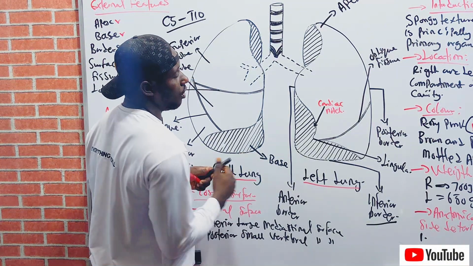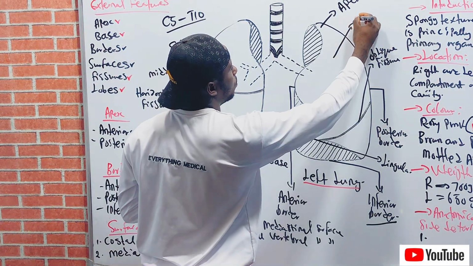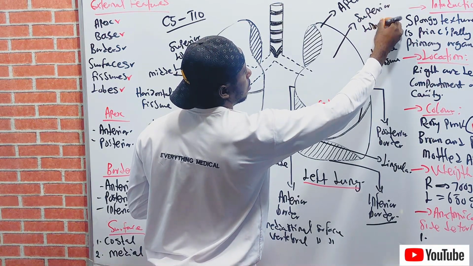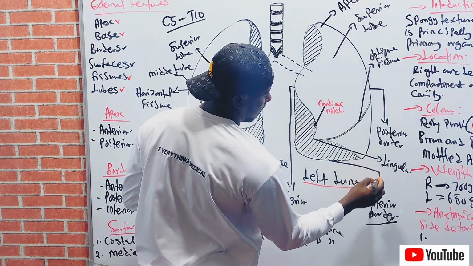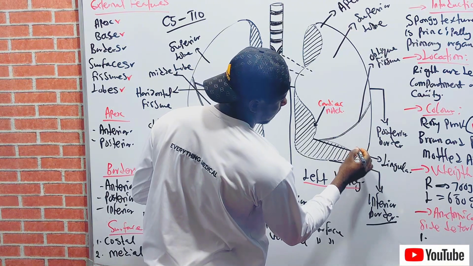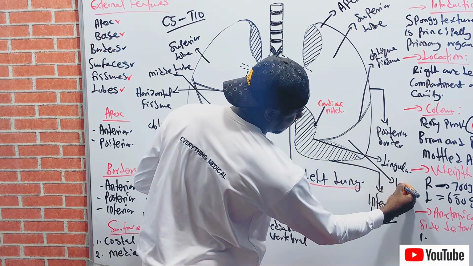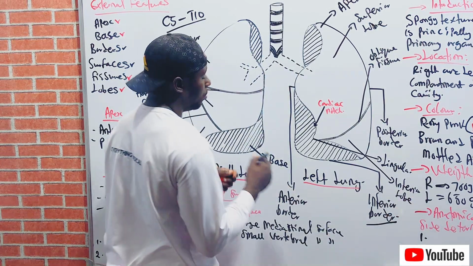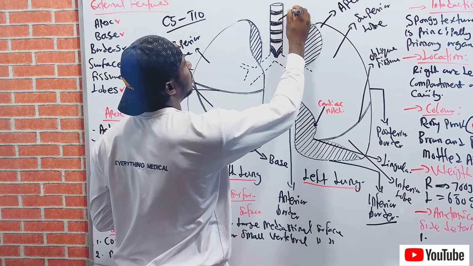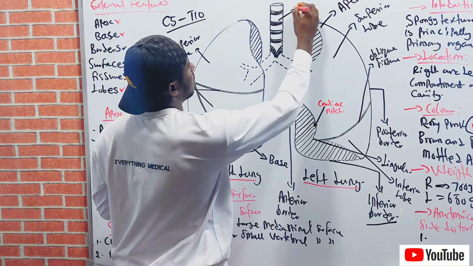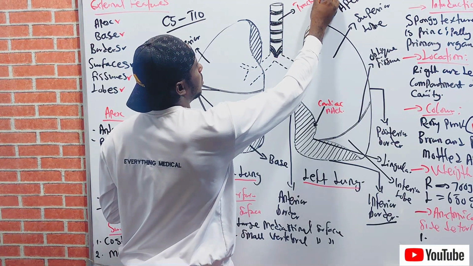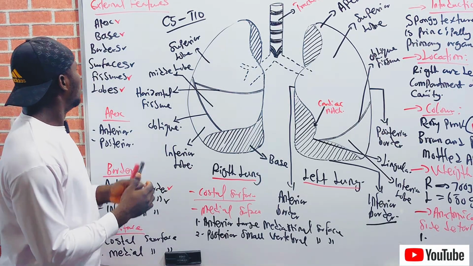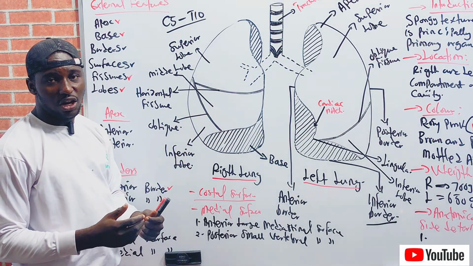While the left lung has two lobes, superior lobe and inferior lobe. This is our trachea. So that is how the lobes and fissures of the lungs are fashioned.